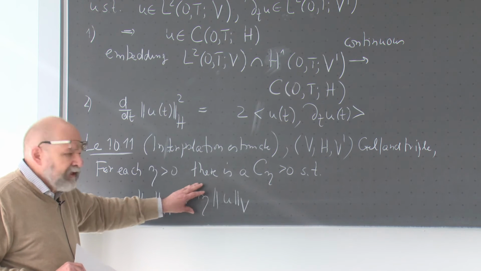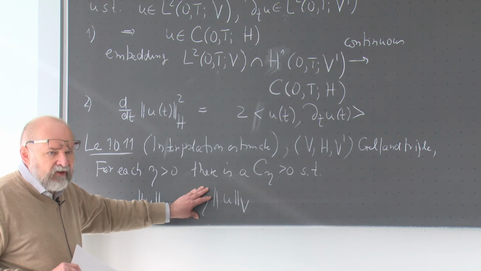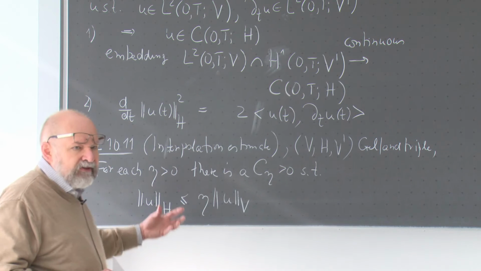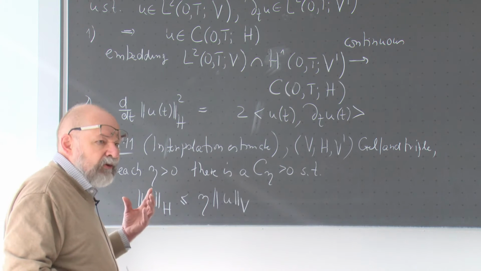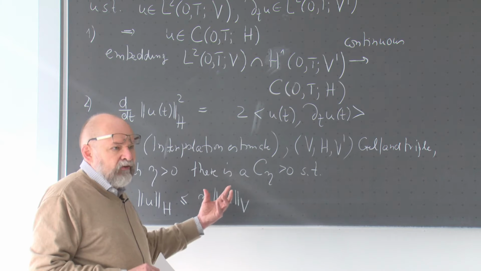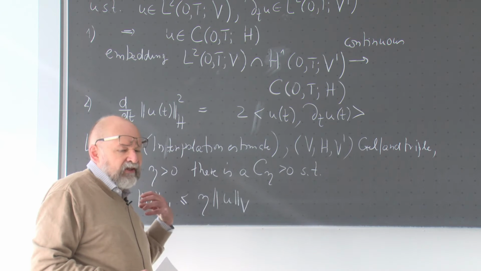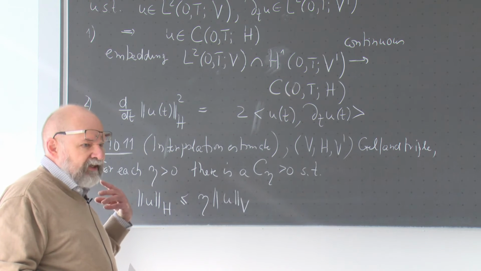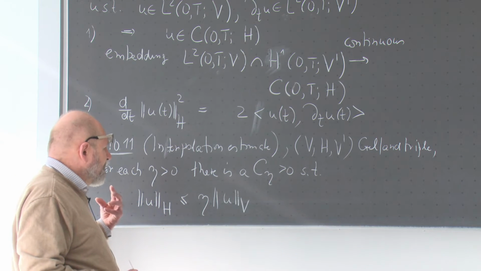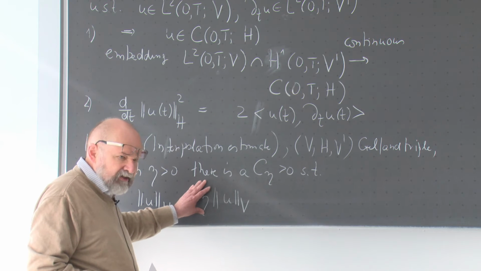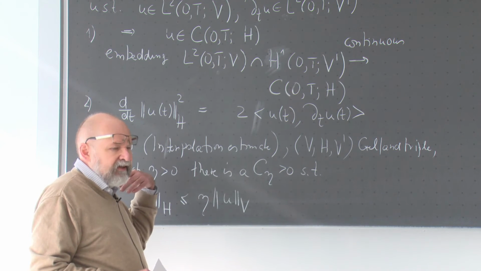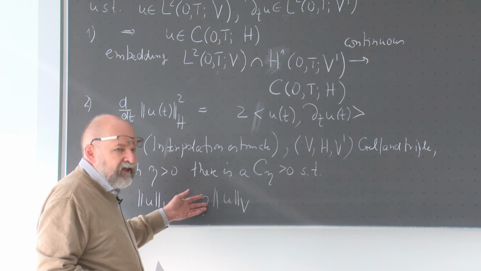Now we would like to make this constant as small as possible. Because later on we will use this in what is called an absorption argument, so we have terms on the right-hand side of our estimates which we would like to absorb into corresponding terms on the left-hand side. But of course, the constants which appear here must be smaller than the constants on the other side. So it's not sufficient to have just any constant.